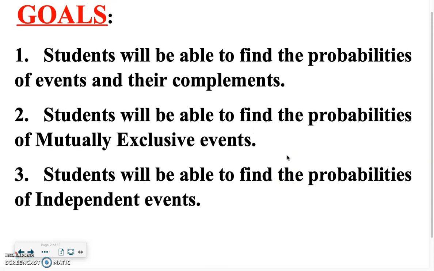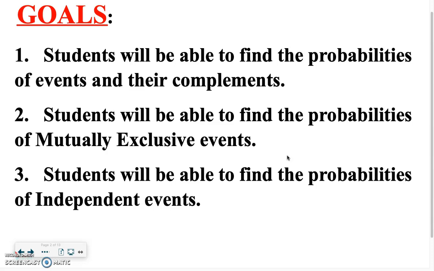Okay. All right. So the goals that we have in mind here are that students be able to find the probabilities of events and their complements. Number 2, students to be able to find the probabilities of mutually exclusive events. Number 3, students to be able to find the probabilities of independent events. One of my main focuses here today is we've got to walk out of here knowing the difference.